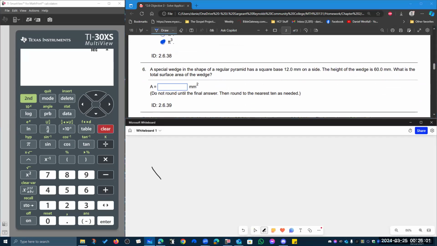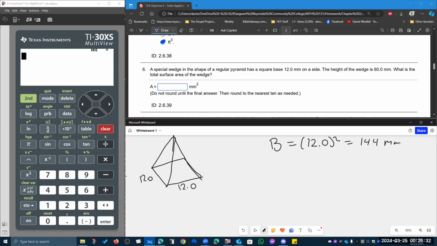A special wedge is in the shape of a regular pyramid with a square base. This is 12.0, 12.0. So the area of the base is 12.0 squared, which is 144 square millimeters, and that's 3 significant figures already.